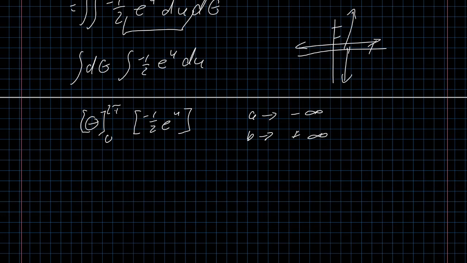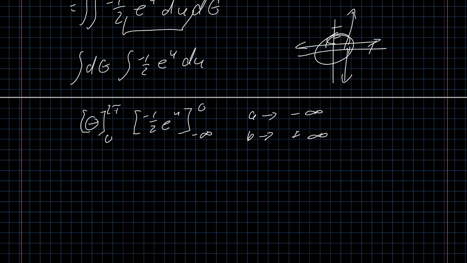Well, that's r going from 0 to infinity, which means that u itself is going from negative infinity to 0. And then my radial direction, I want the whole thing, that's 0 to 2 pi.